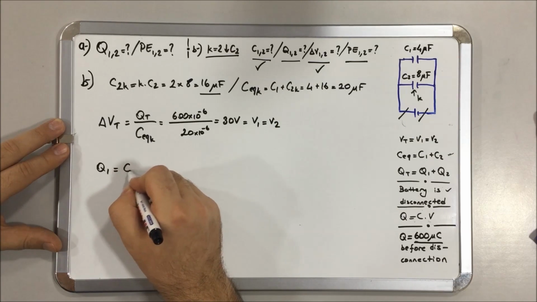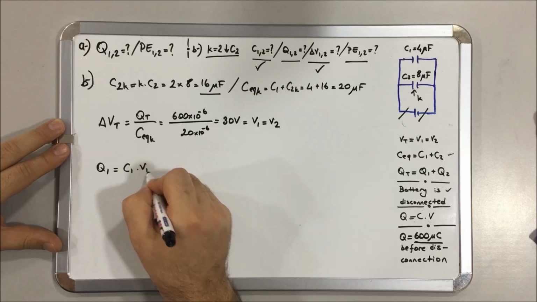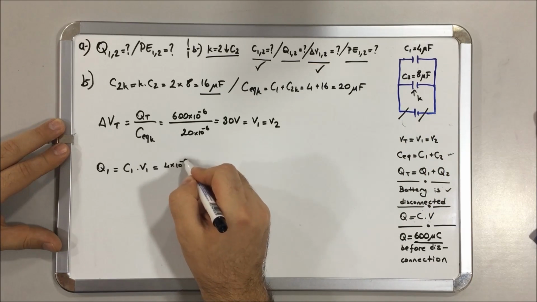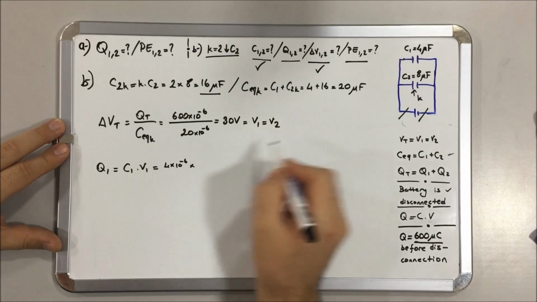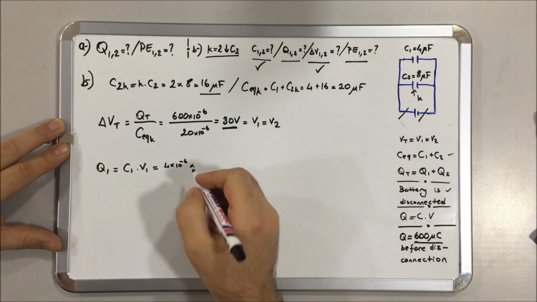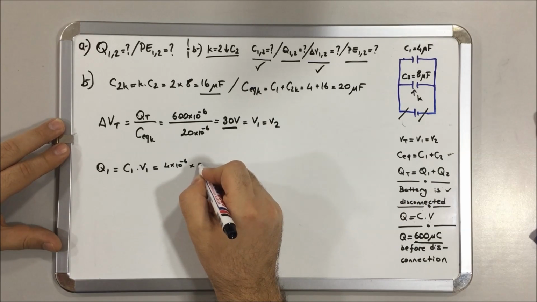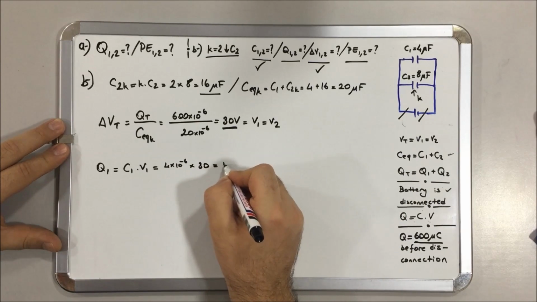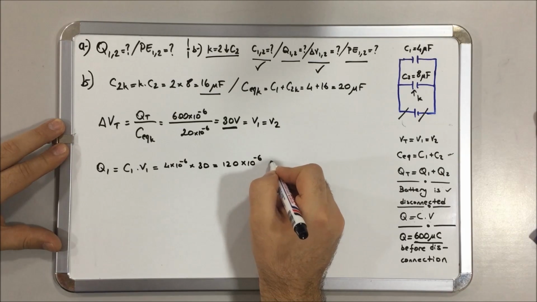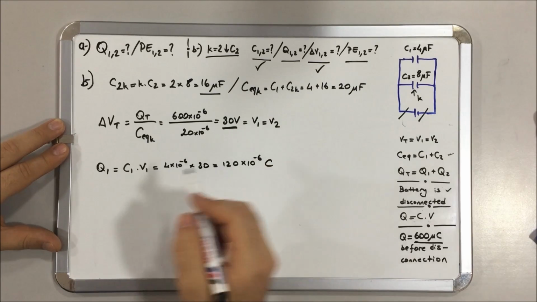Q1 is equal to C1 times V1. C1 equals 4 times 10 to the power of minus 6, times V1. We obtain a new potential difference because the dielectric was inserted, 30. It will be 120 times 10 to the power of minus 6 coulomb.